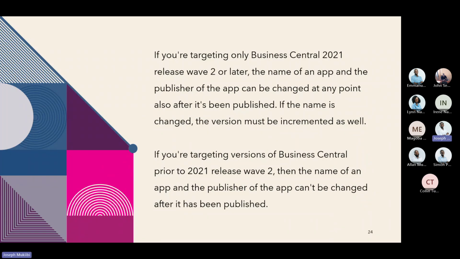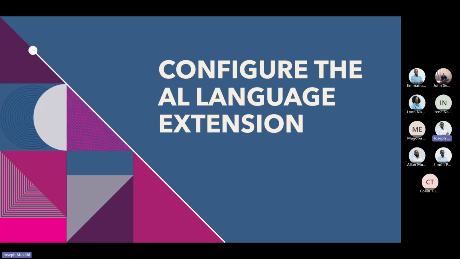If you are targeting versions of Business Central prior to 2021 release Wave 2, then the name and the publisher of the app cannot be changed after it has been published. I don't know if anyone has faced this. Let's go on to the next slide.